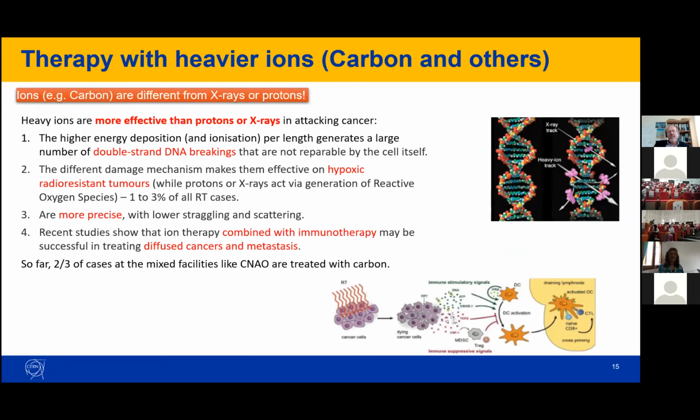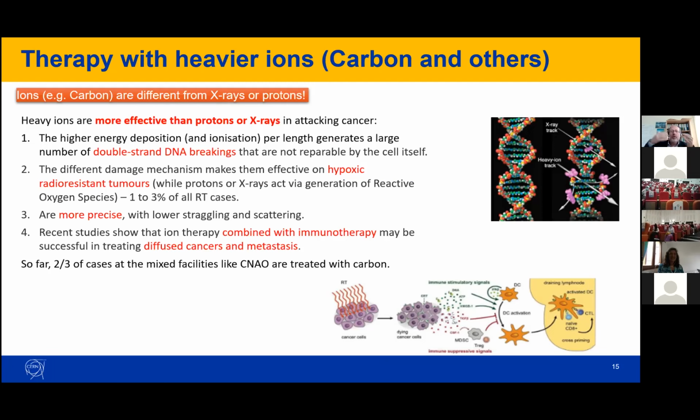Despite the fact that ions are more effective than protons or X-rays, because they lose more energy, because they are more charged, simply because of that. A carbon ion has a positive charge of 12 electron charges, so they interact much more, and so they lose energy more quickly.